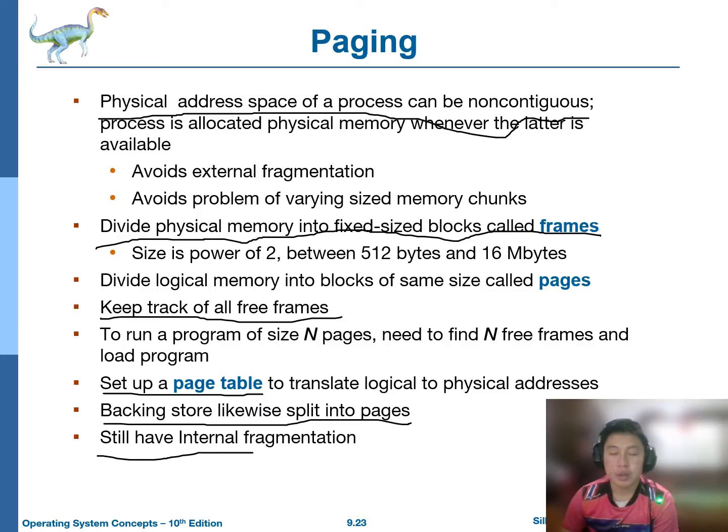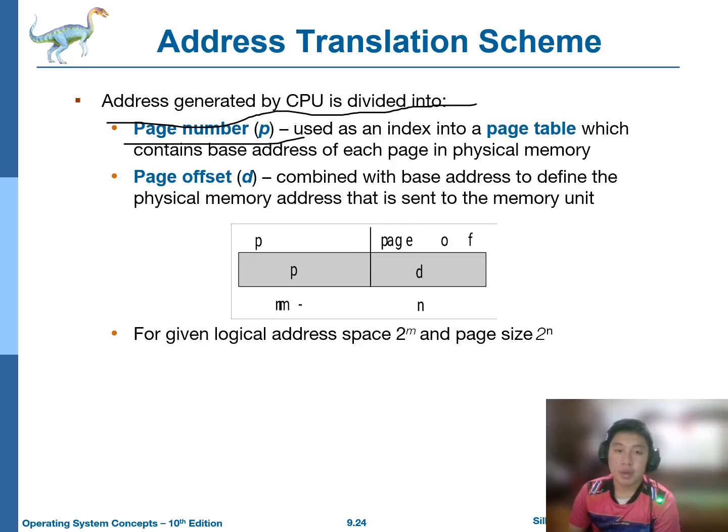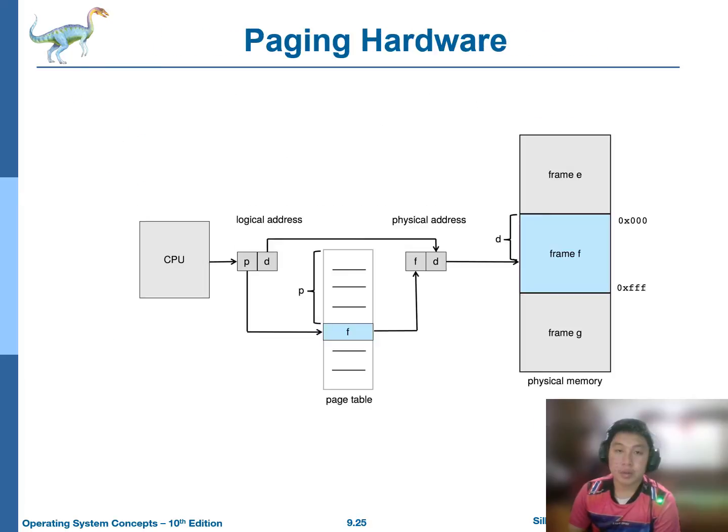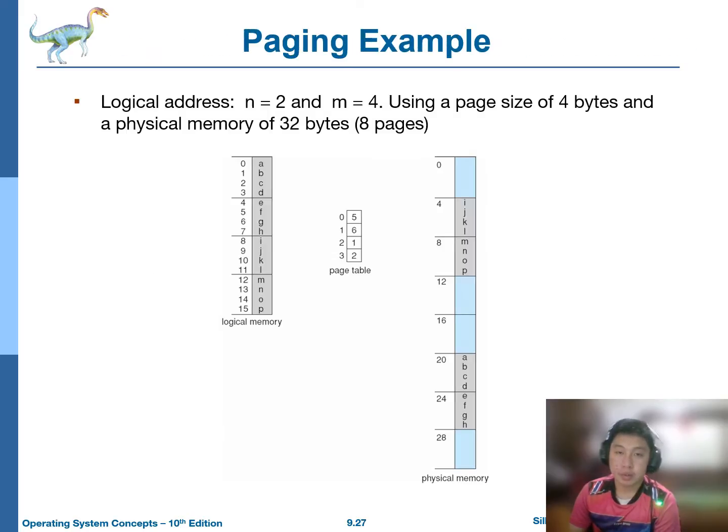We still have internal fragmentation. Address translation scheme: an address generated by the CPU is divided into page number and page offset. Paging hardware. Paging model of logical and physical memory. Paging example.